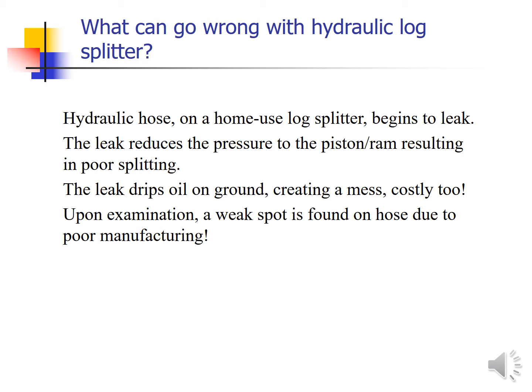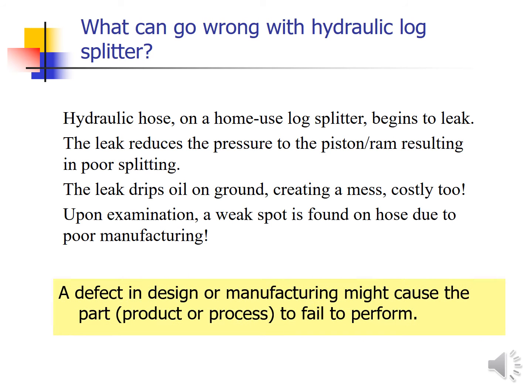The leak dripped oil on the ground, creating a mess. Costly too. Upon examination, a weak spot was found in the hose due to poor manufacturing. Okay, a defect in design or manufacturing might cause the part to fail to perform.